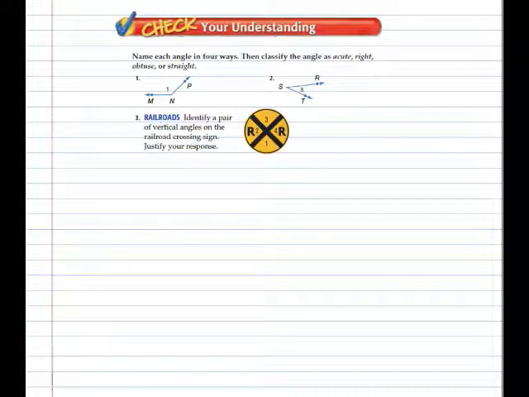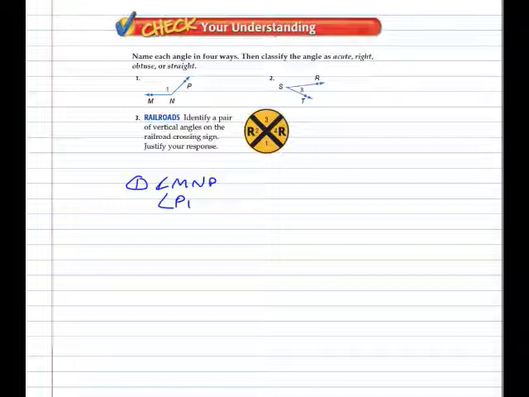Many pairs. Name each angle in 4 ways, then classify the angle as acute, right, obtuse, or straight. Number 1, this would be angle M, P, angle P, M, angle N, angle 1.